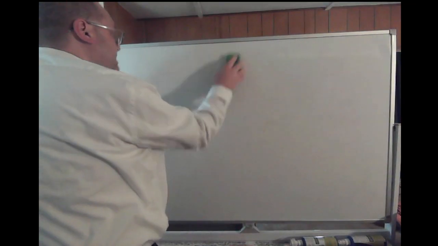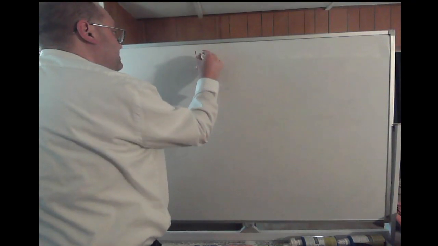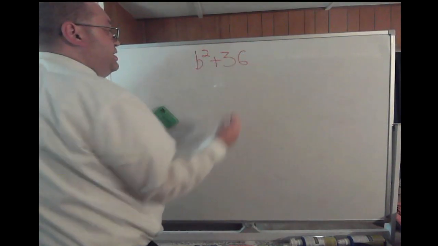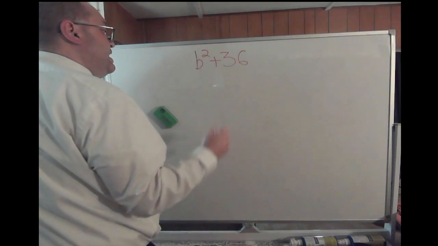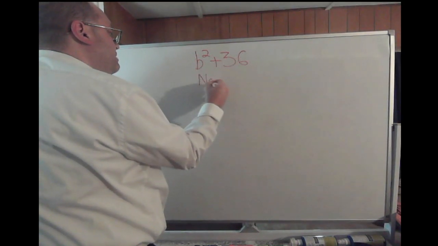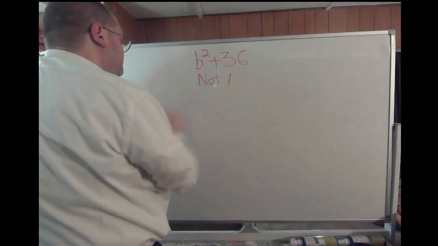So now let's say the problem had been something like this. What if we had the sum of two squares? Well, this is not taught in Algebra 1 because that involves the use of imaginary numbers.